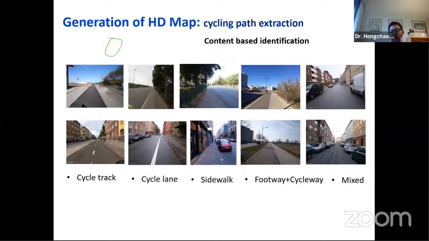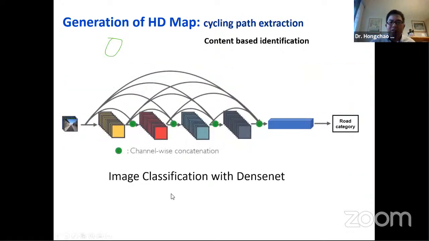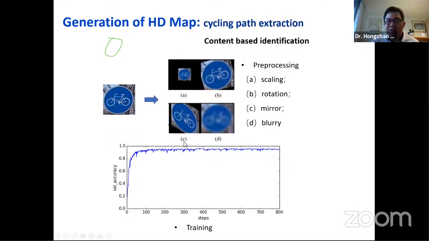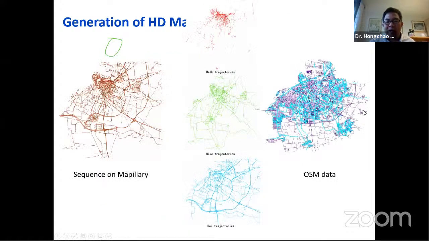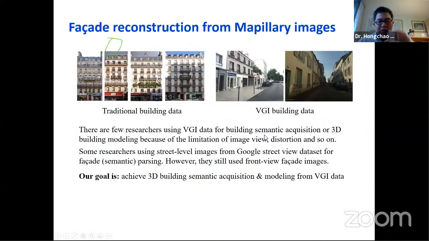And it's very important to tell them whether they will ride on a mixed road with cars, or in a separated cycling road, or a cycling road close to the road, because some people try to avoid the mixed road to have a guarantee of safety. So here's our network. I don't want to go into detail. We tried our network and compared with the data in OpenStreetMap and achieved very high quality.